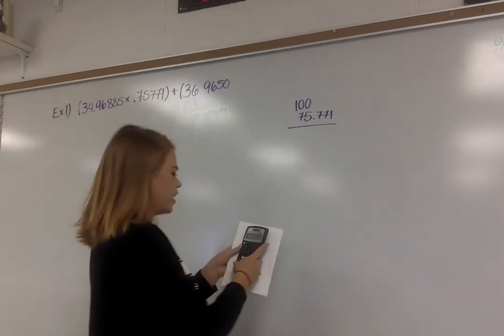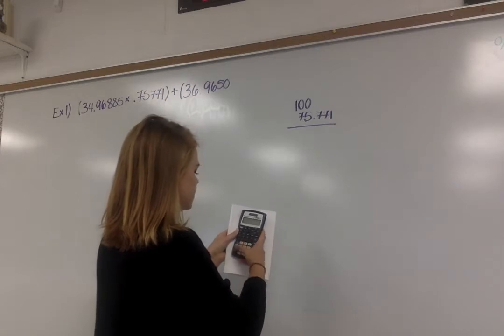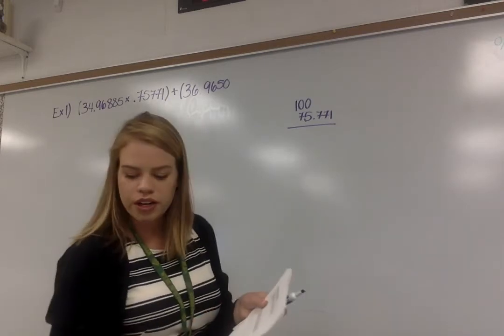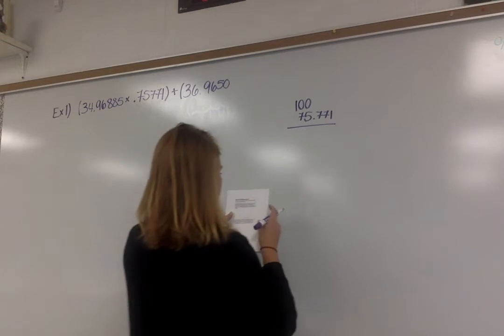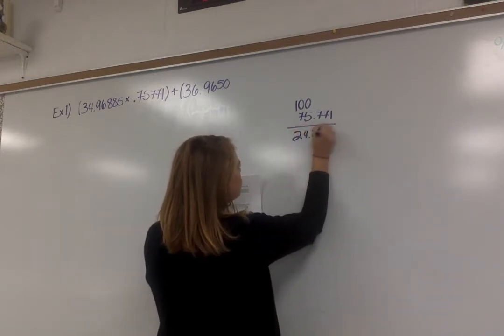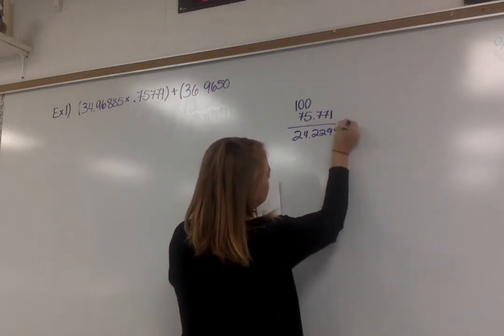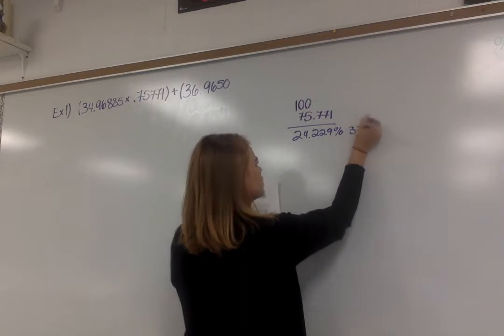So I'm just going to do that quick calculation, which is 100 minus 75.771, which gives me 24.229. And that's 24.229% of chlorine 37. I'll just make note of that. That's 37.